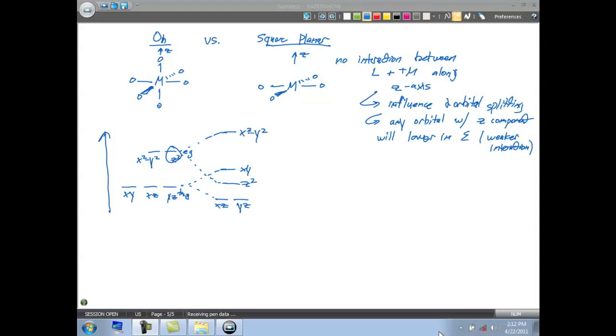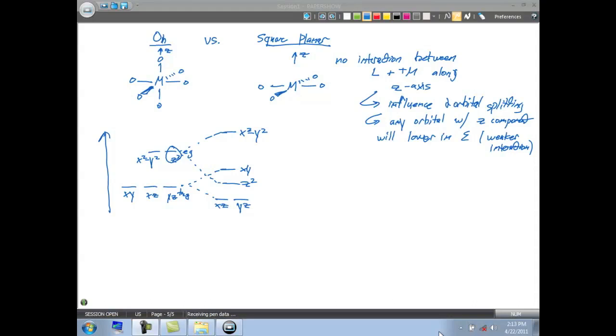If we look at the crystal field splitting diagram for a square planar complex, we're going to have the xz and the yz at the lowest energy, followed by the z squared, followed by the xy, followed by the x squared minus y squared.